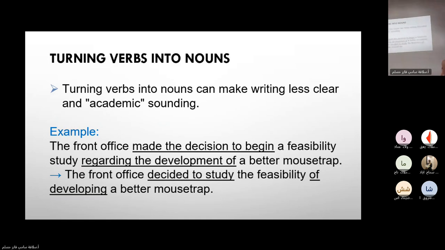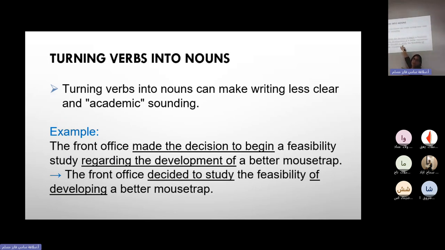Decision, feasibility, regarding, better mousetrap. Look at the sentence: the front office made the decision to begin. We turned the original verb, which is what?